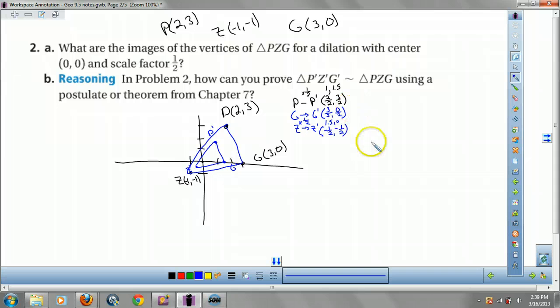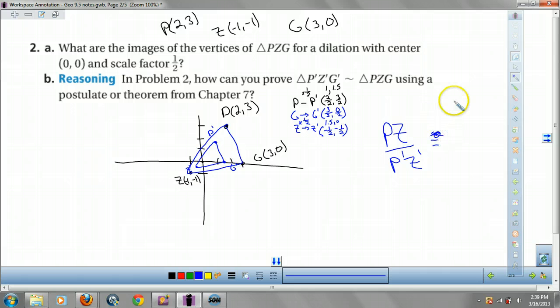Okay, in problem 2, how can you prove that your new image is similar to your pre-image? Well, you can say PZ over P prime Z prime is going to be equal to ZG over Z prime G prime.